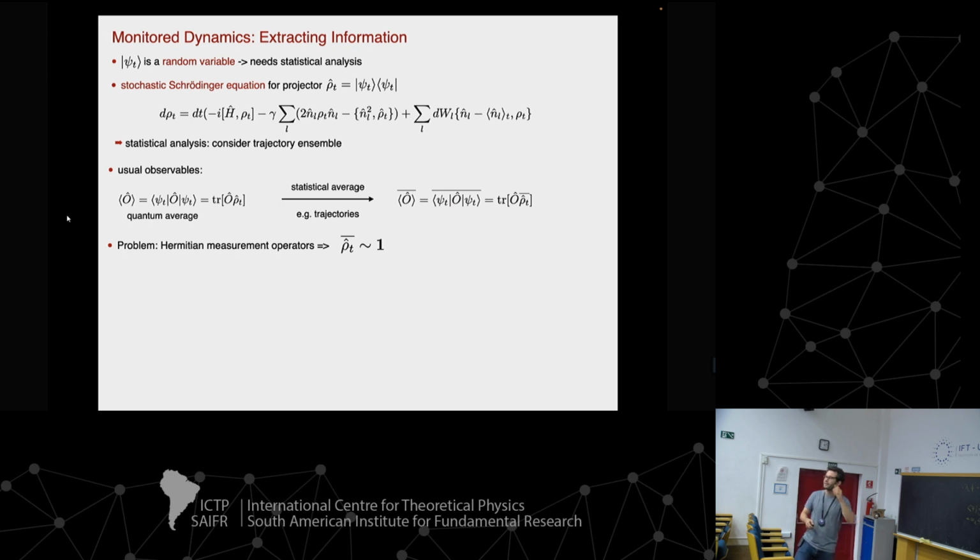Now, if we average over all trajectories, all these stochastic processes, as in the Langevin problem for the classical problem we looked at, then we have to work with this averaged projector. It really doesn't act on the observable. That's just an operator independent of the state.